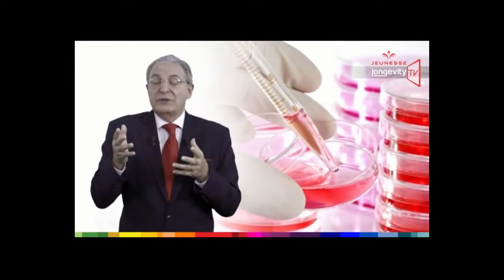But if we discover how to turn the telomerase gene from off to on in all our cells, we may have the secret of immortality. And this is why many research labs are trying to discover it.